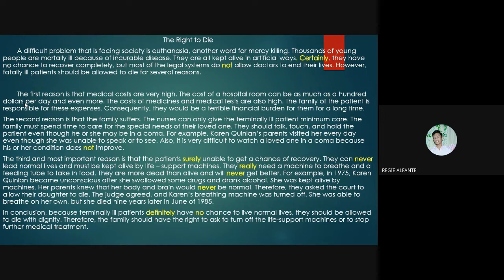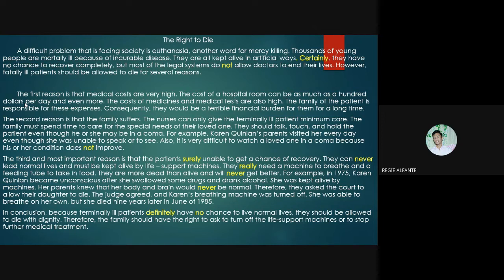Next, the third and most important reason is that the patient is surely unable to get a chance of recovery. So surely here, the author is affirming that the patients have no chance of improvement. They can never lead normal lives and must be kept alive by life support machines.